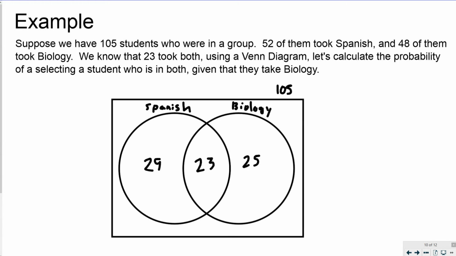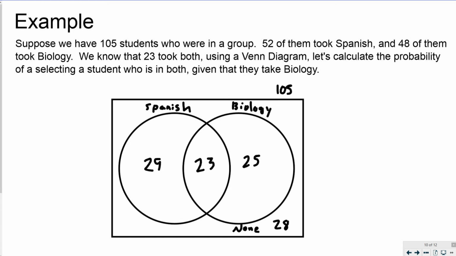However, if you do 29 plus 23 plus 25, that total is not 105, which means there are a total of 28 students in this space out here that take none. They take neither Spanish nor biology. Now, it says calculate the probability of selecting a student who is in both, given that they take biology.